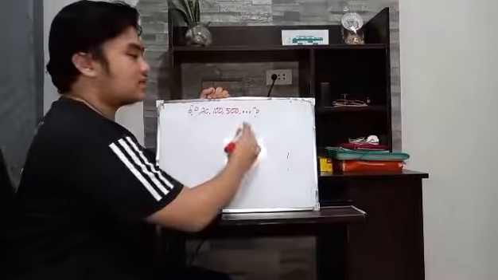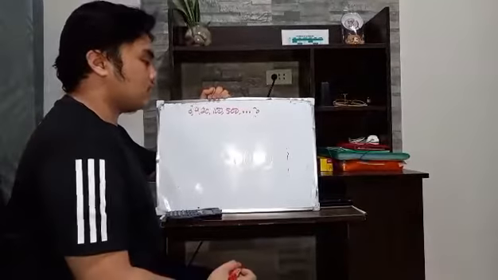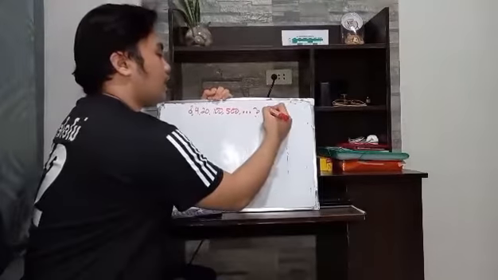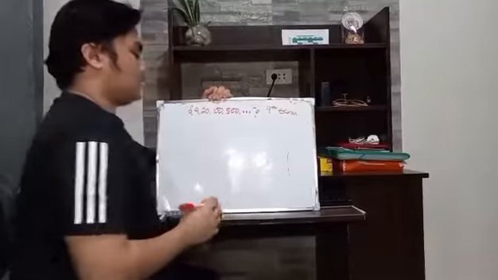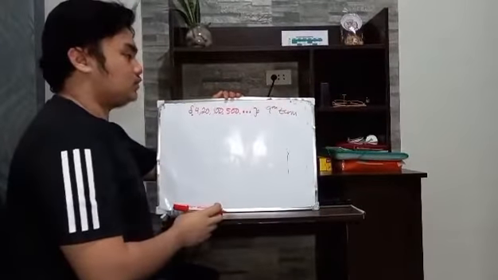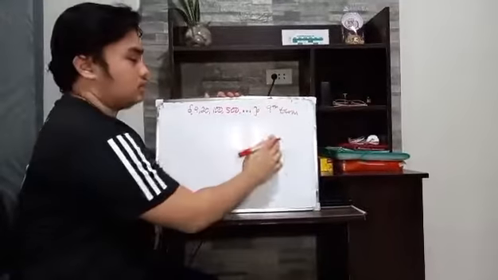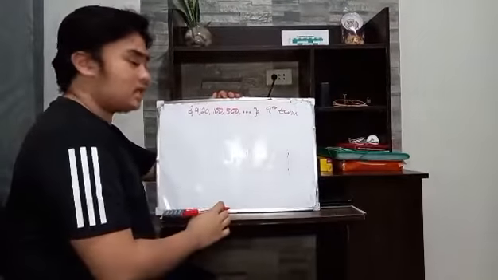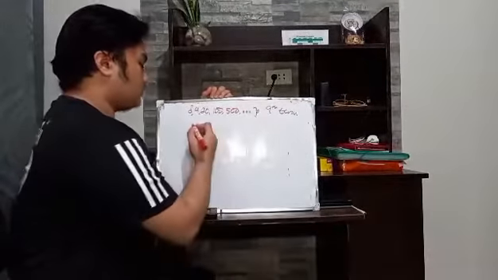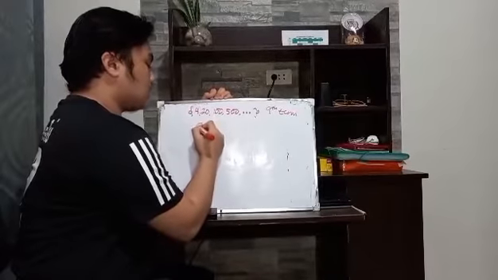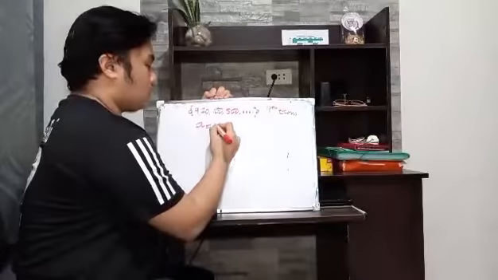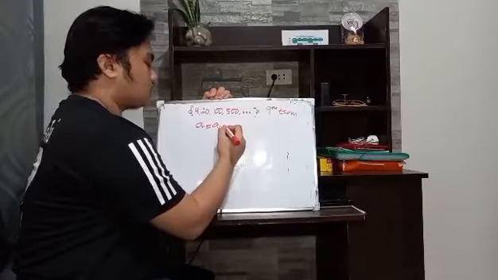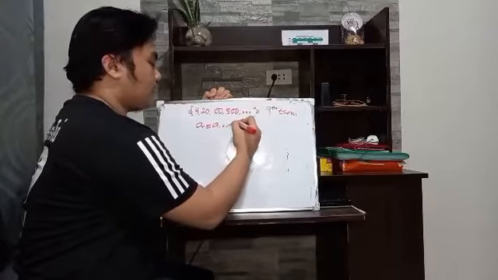Let's try another problem. In this sequence, let's try to get the ninth term. Again, the first thing that we need to do so that we could solve this problem is to write the formula, and the formula for geometric sequence is a sub n is equal to a sub 1 times r raised to the power of n minus 1.